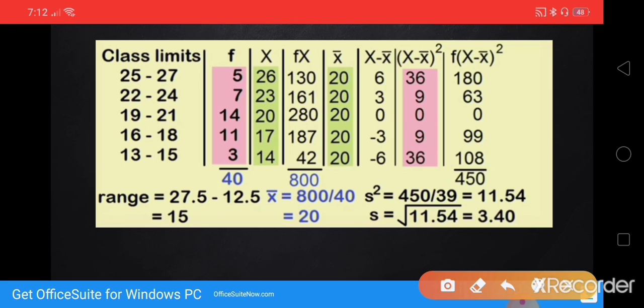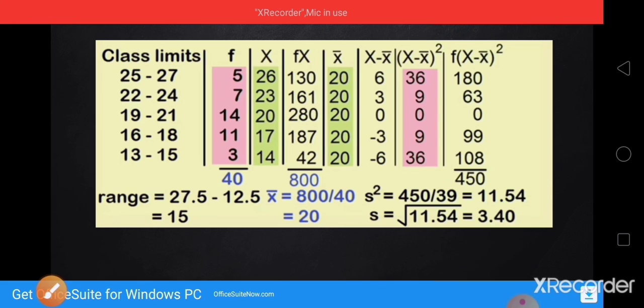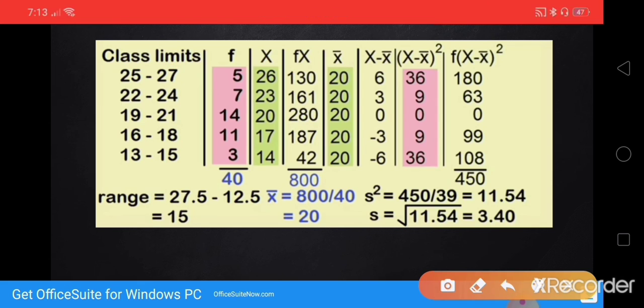First, we need to find the class mark. How to solve the class mark? For example, you add 25 and 27 and divide by 2. It will equal 26.